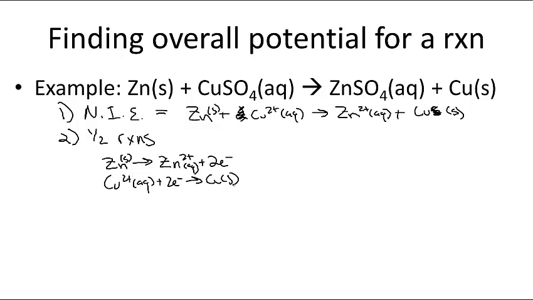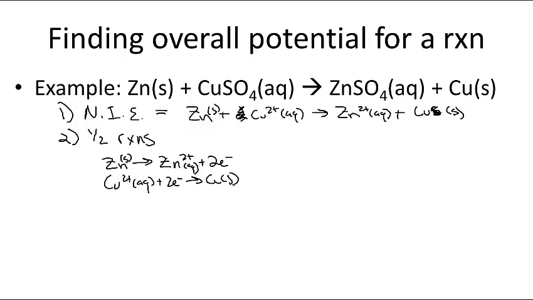Now, look on your sheet. Can you find both of these half reactions as written? You should not be able to. Not as written. What does that table give you? Backwards. The table gives you backwards. All right.